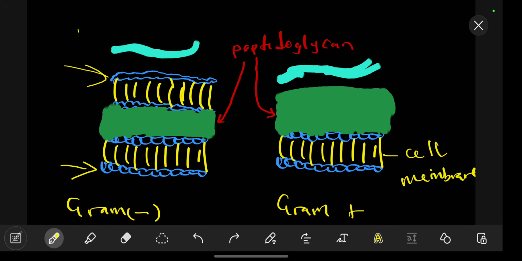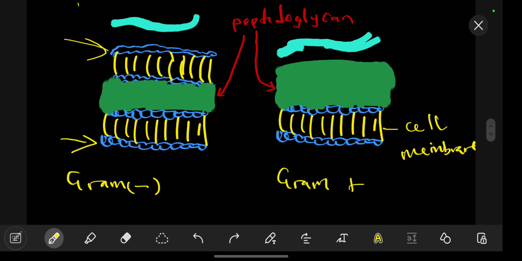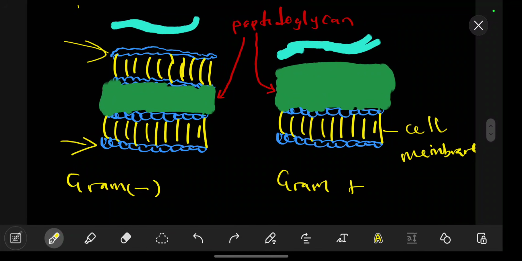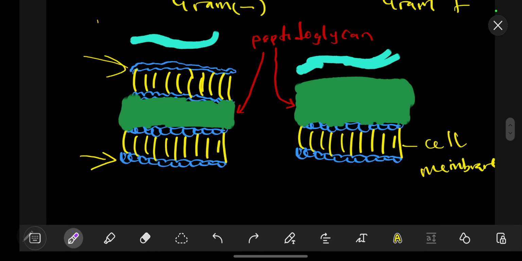So now, the test. The first chemical that we have to put in is crystal violet. The crystal violet shall be added on both of the cells.